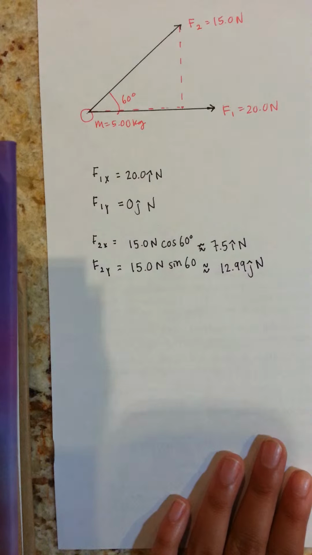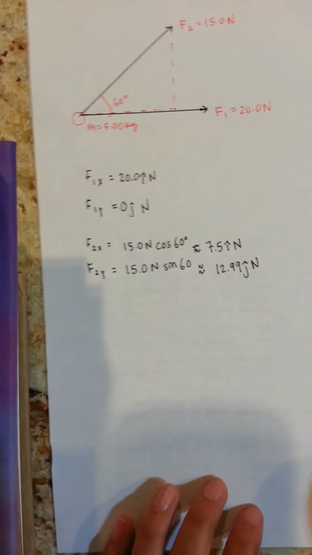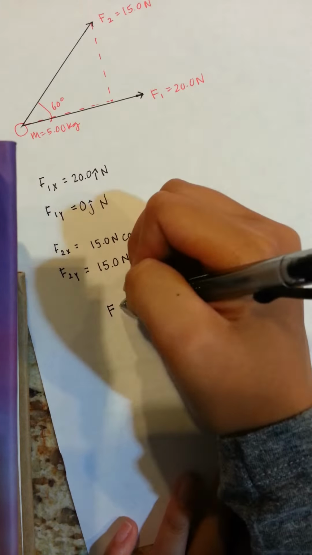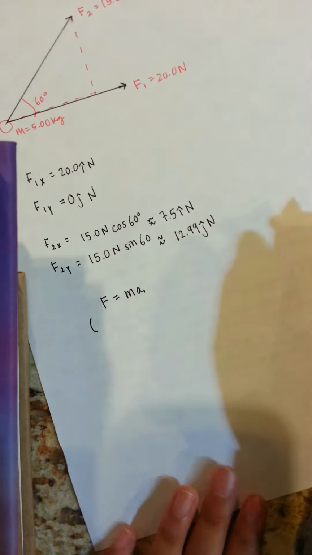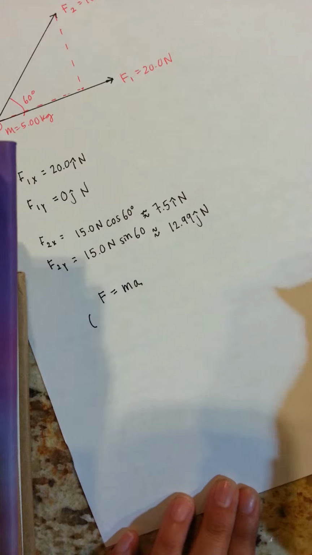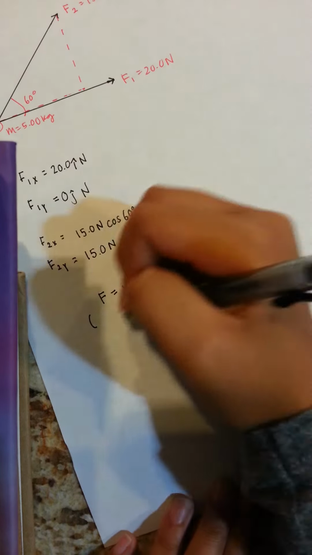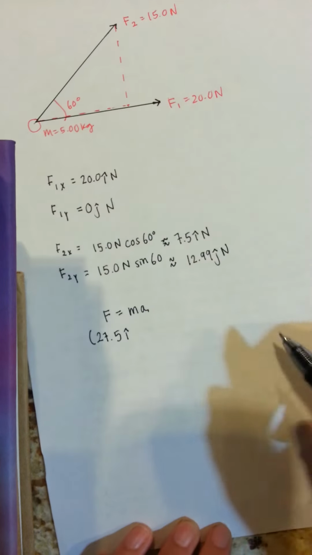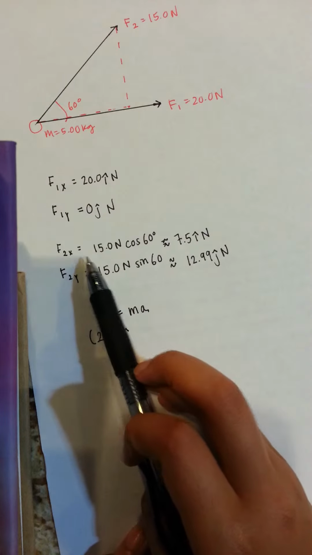So then now you have to find the acceleration, and you're going to do the same format that you did in part A. So I got this 27.5 by combining the two x directions.